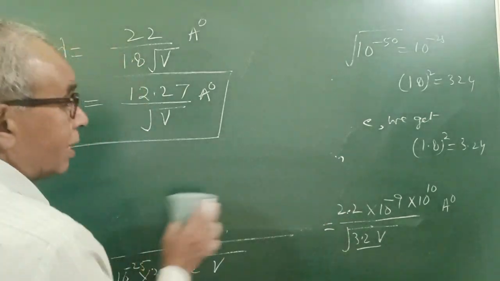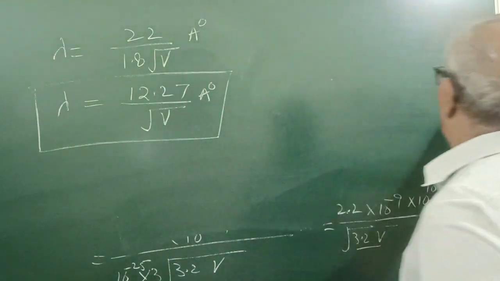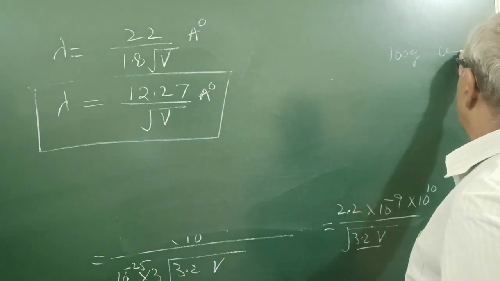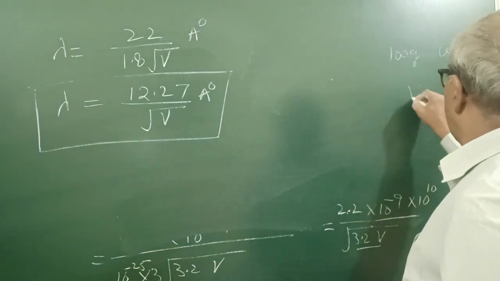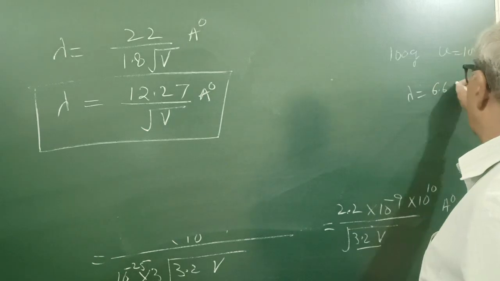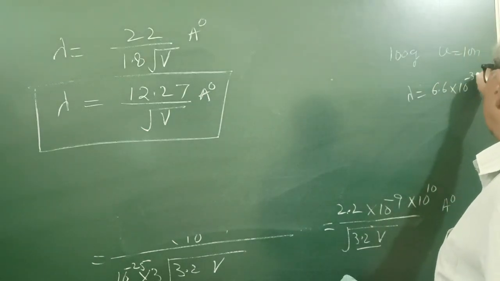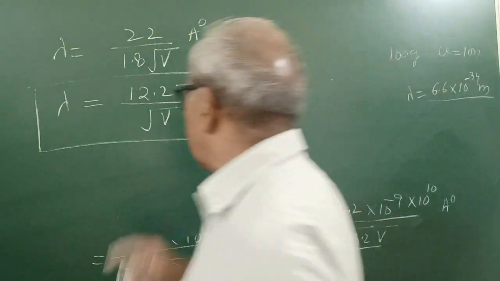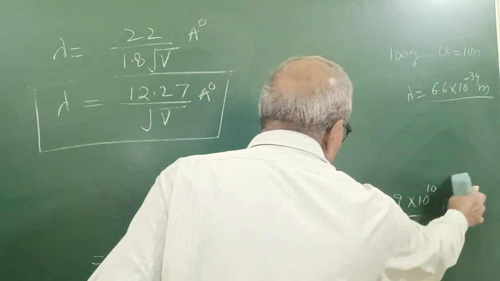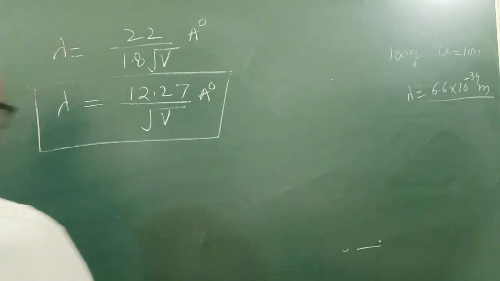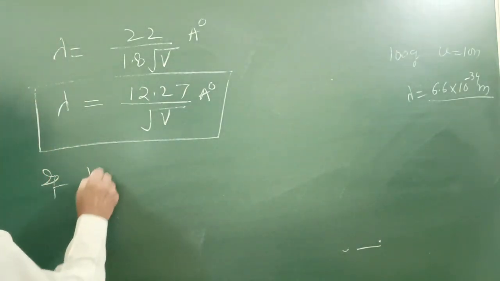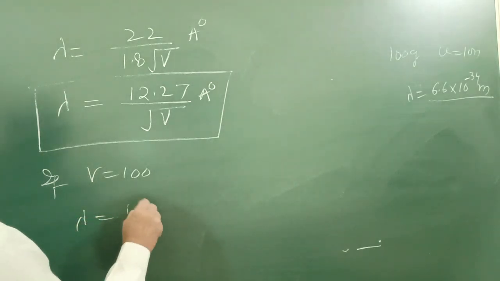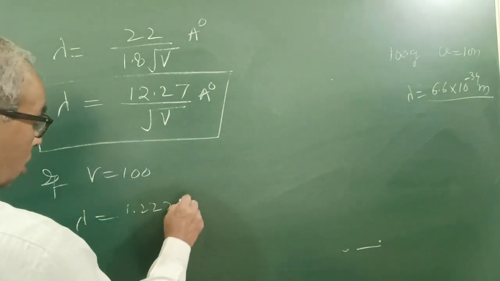Now I was telling you that for a ball of mass 100 gram and velocity 10 meter per second, the lambda was 6.6 into 10 to the power minus 34 meter, which is beyond measurement. But now if V equals 100 volt, then lambda will be 1.227 angstrom.